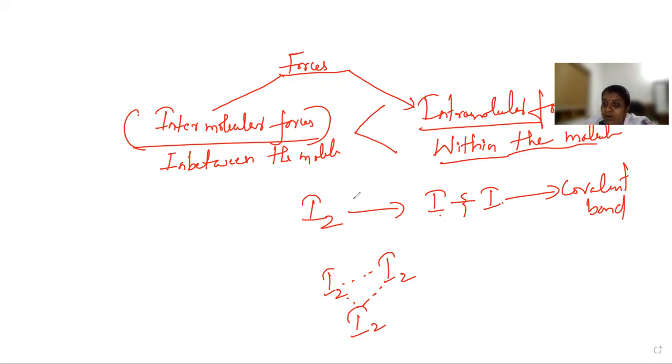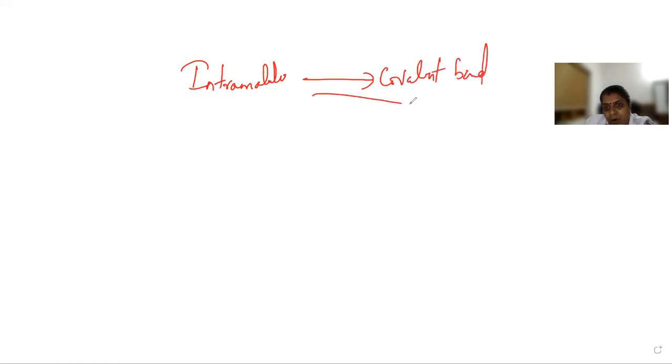Intramolecular force will always be stronger. The three types of intramolecular force we already discussed are the covalent bond, ionic bond and metallic bond. Now, today in this section, we are going to discuss intermolecular forces.